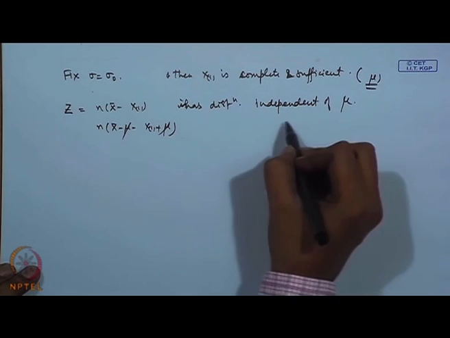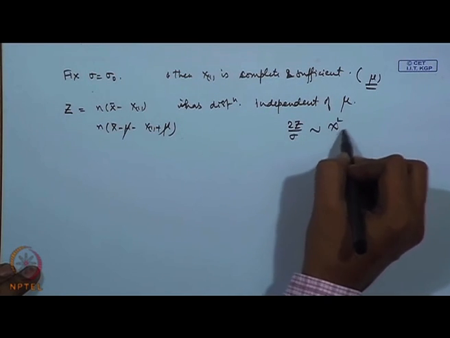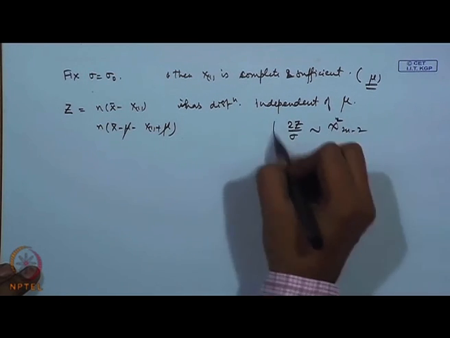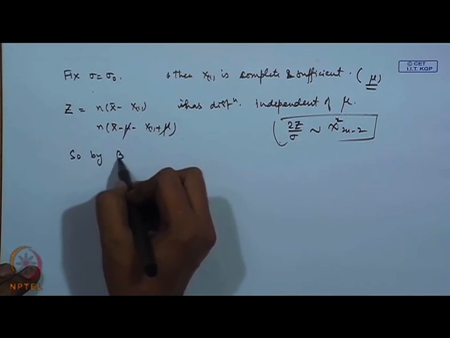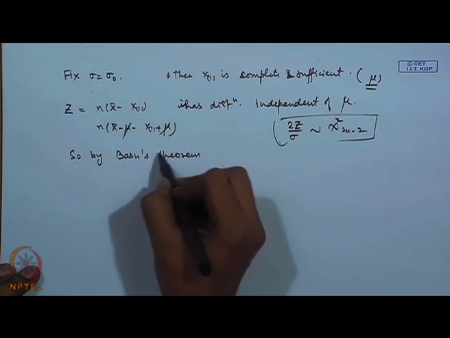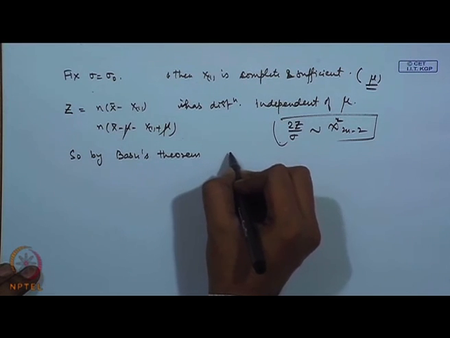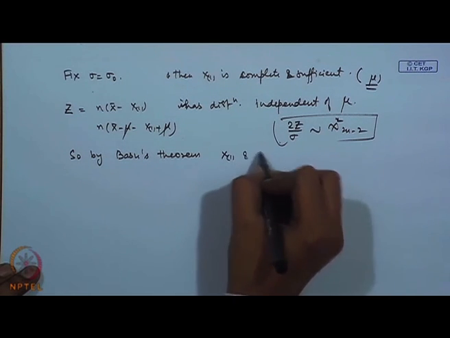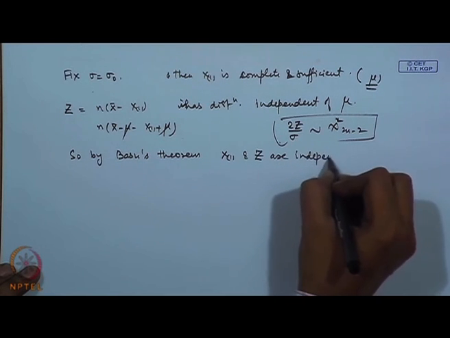In fact, we know the distribution: 2 z by sigma follows chi square on 2 n minus 2 degrees of freedom. So, by Basu's theorem, you will have that x 1 and z are independently distributed.